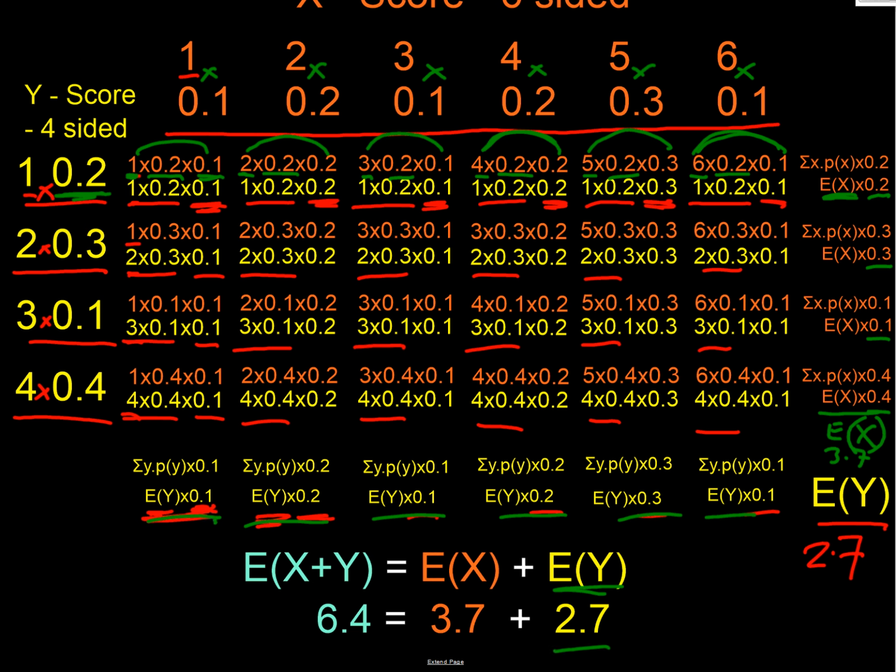And if we sum the orange numbers across to the final column here, we would see that they would sum to E of x, which would be 3.7. So hopefully you can see that using this approach, by thinking of this as a table and splitting it up and looking at those probabilities, we can see why E of x plus y will always equal E of x plus E of y. So I hope that's of use.